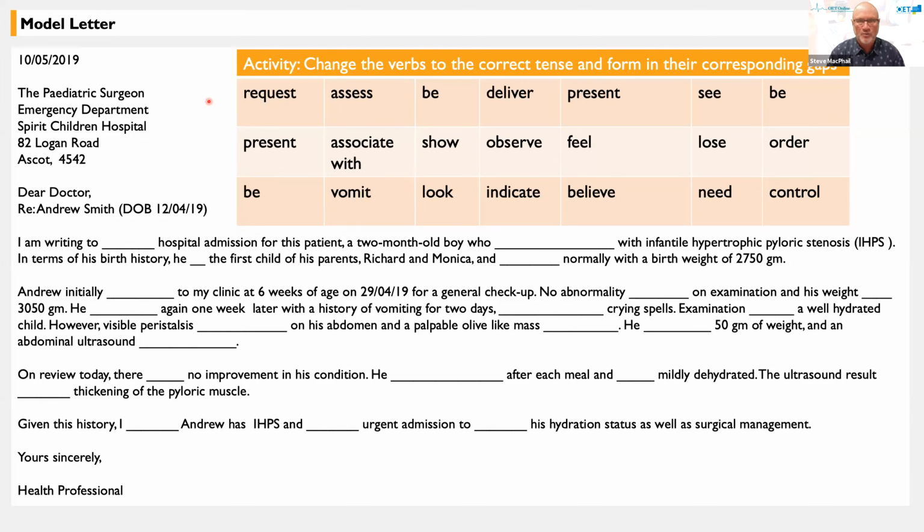So what I want to focus on, very importantly for you on exam day, is that you're accurate with your verb tenses. Because when you're describing a patient's history and conditions which started in the past and have continued up to now, you're going to need to be quite flexible with verb tenses. You're going to be able to use simple past, present perfect.